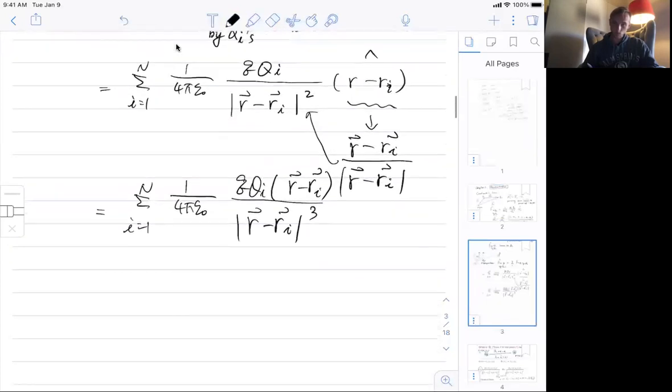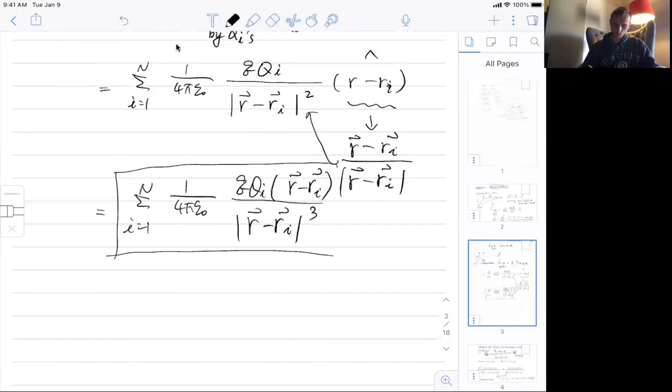So if you see something like this, it is equivalent to the previous expression. It's just that the hat can be expressed using the vector itself divided by the magnitude. And you can see that in terms of the dimension, it is still 1 over meter squared. It's a 1 over r squared dependence, right? I haven't really changed the unit or the expression.